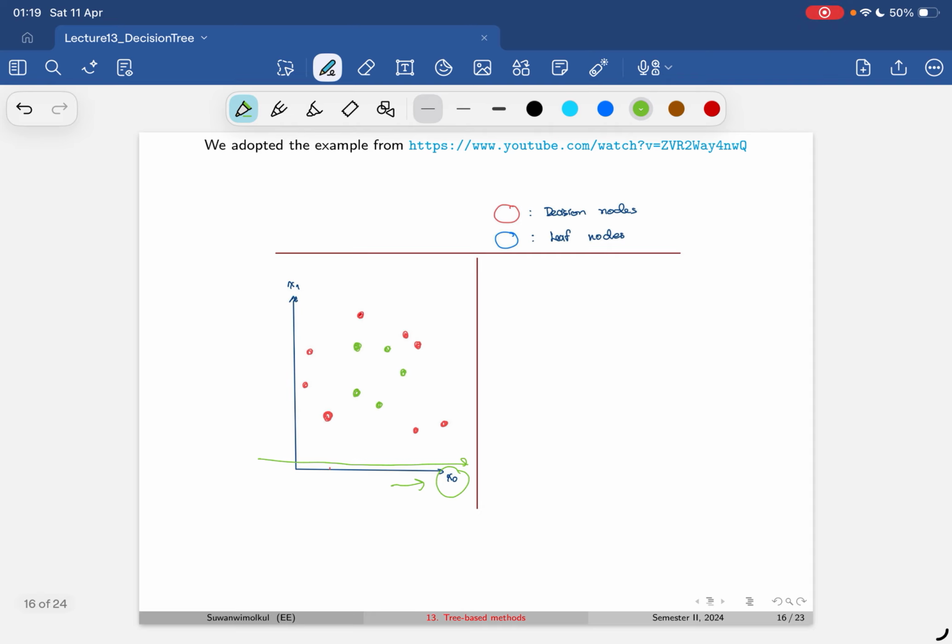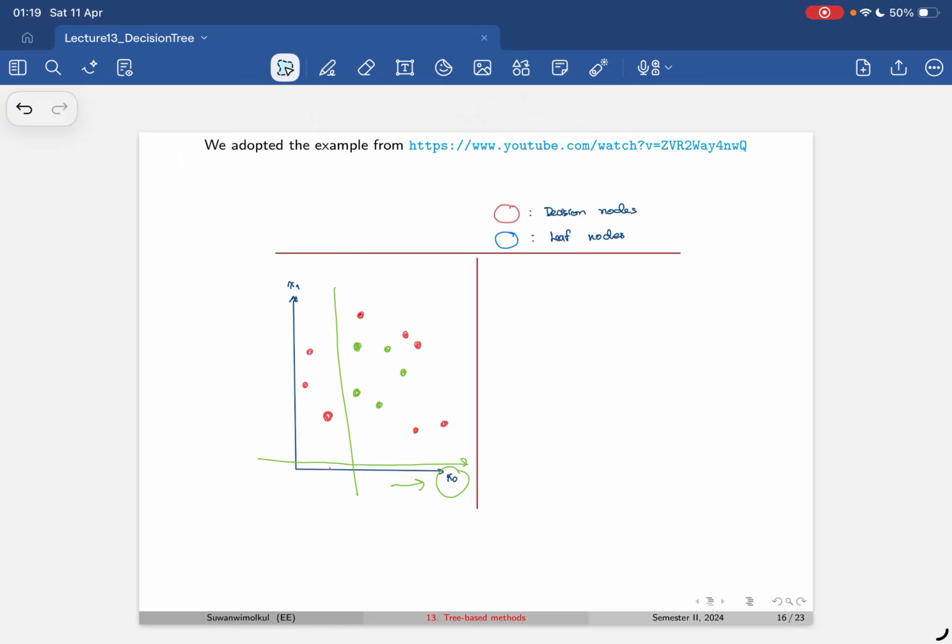And the answer is this one. It's simple, right? You increase the threshold and you found that, okay, maybe around here, that is the first step. So I will use this as the first decision.